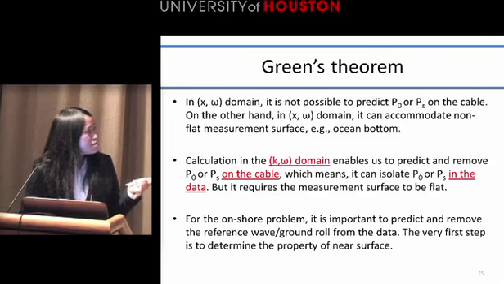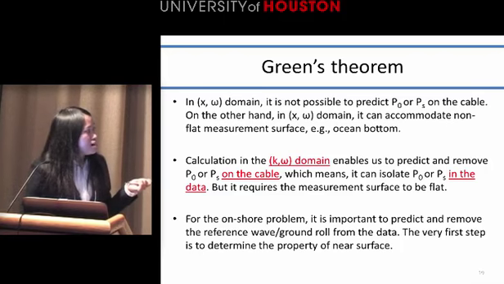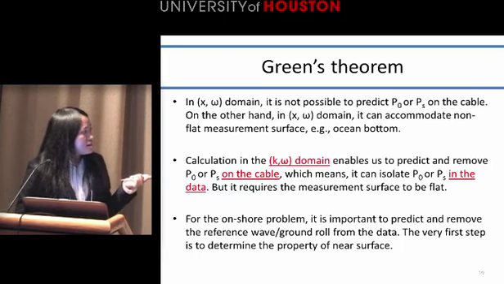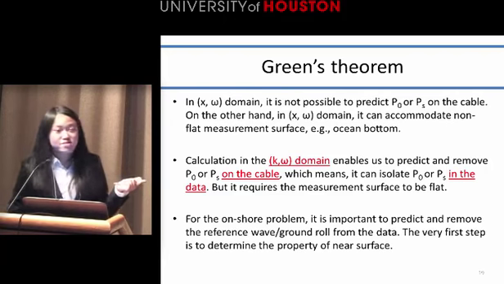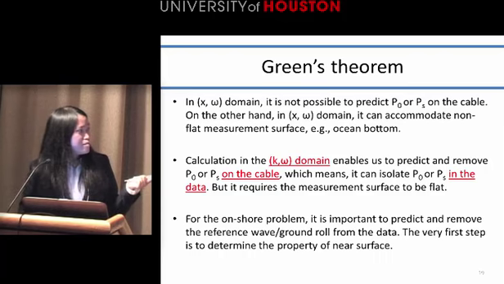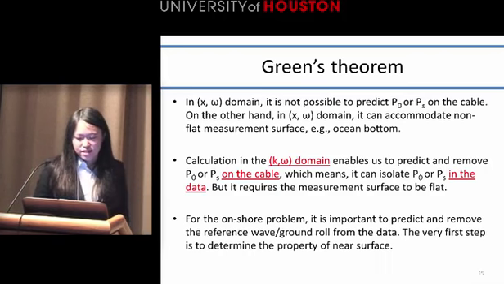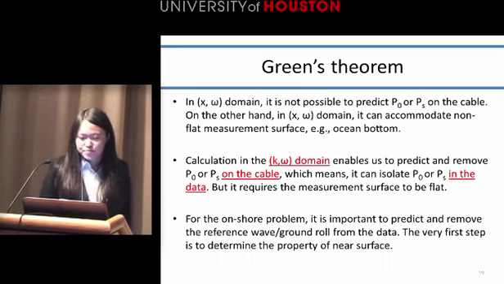So to predict and remove the reference wave from the data is especially important for the onshore problem. And again, coming back to the original research topic, in order to predict and remove the reference wave or ground roll, the very first step is to understand the medium of the near surface.